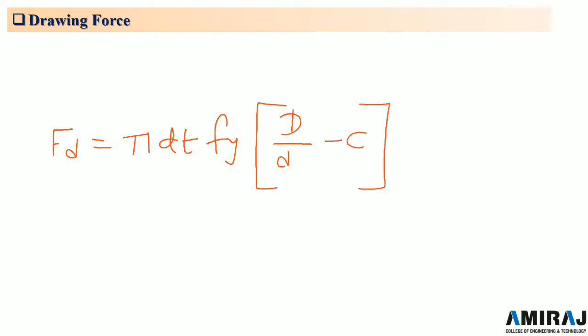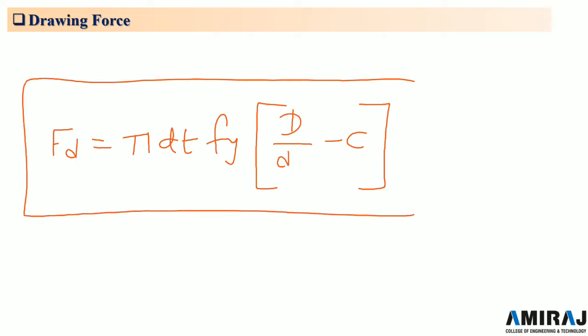So this equation is the drawing force empirical formula, which is derived by experiment. Small d is the outer diameter of the shell, capital D is the blank diameter, t is the thickness, Fy is the yield strength of the material, and C is a constant to cover the friction and bending, and the general value of C is 0.6 to 0.7.